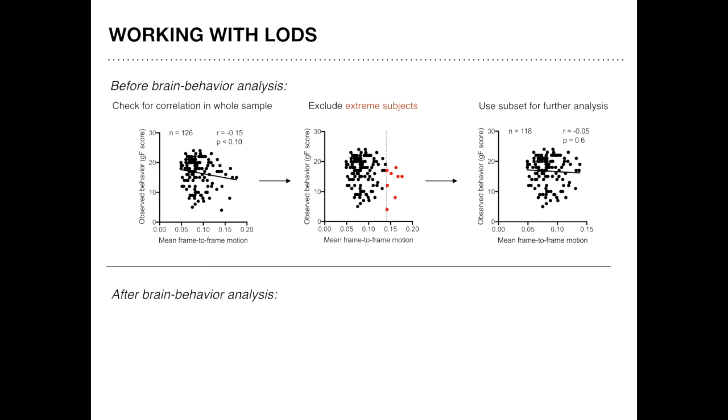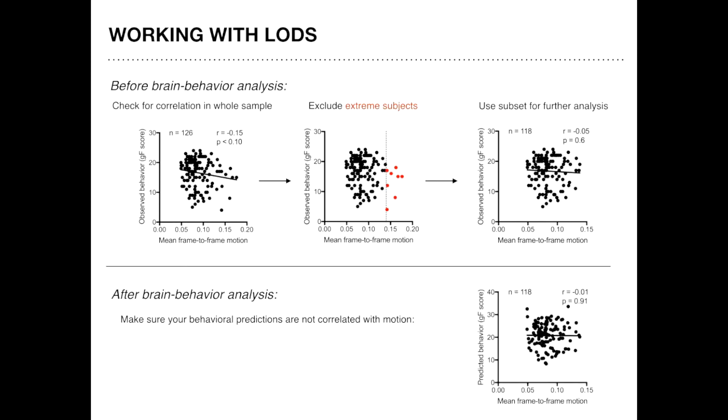And then, of course, if you're doing some type of cross-validation or behavioral prediction, you can always do a double check for this type of confound by also, after you do your brain behavior analysis, making sure that your predicted behaviors are not correlated with motion.